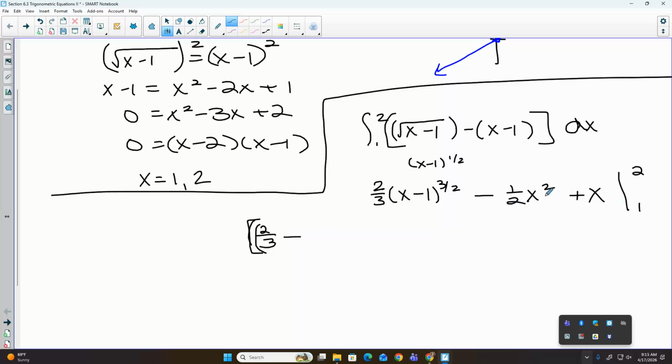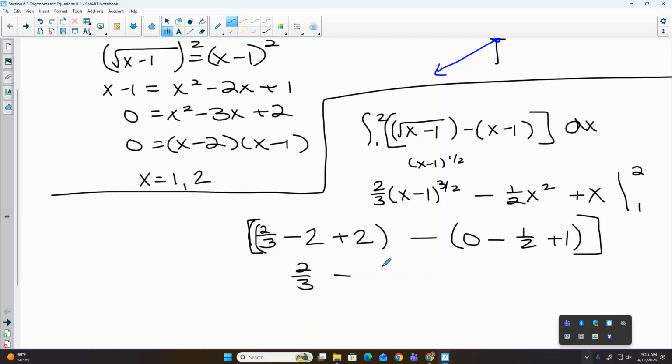Minus, if I put in a 2, 2 squared is 4 times 1/2 is 2, plus 2. Put in a 1. 1 minus 1 is 0, so 2/3 times 0 is 0. Minus 1/2 plus 1. So I get 2/3 minus 1/2, which is 1/6.